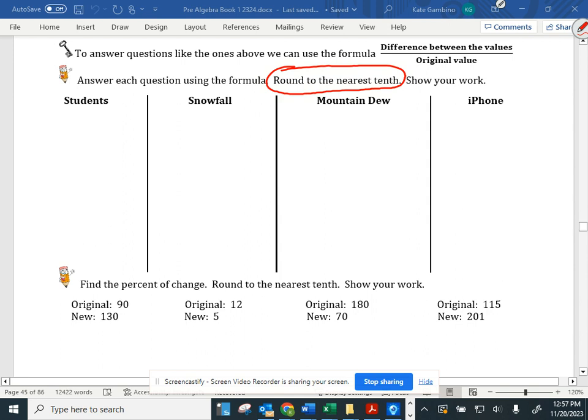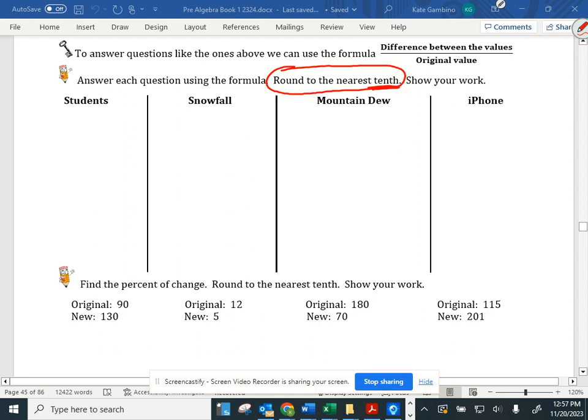It is telling us round to the nearest 10th place. So in your answer, you should round to that 10th place. And then it says show your work. So you're going to write the calculation down so we know what you were doing.